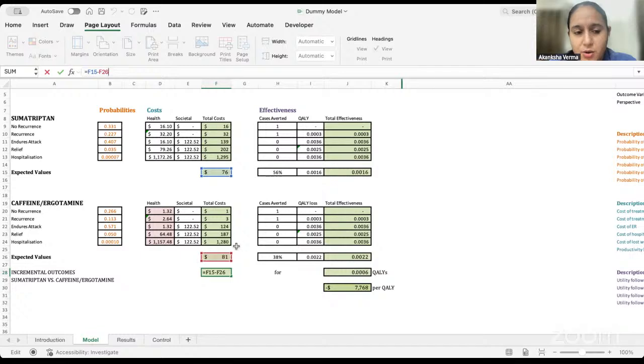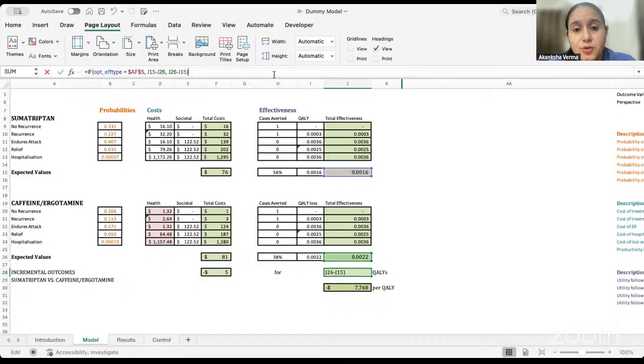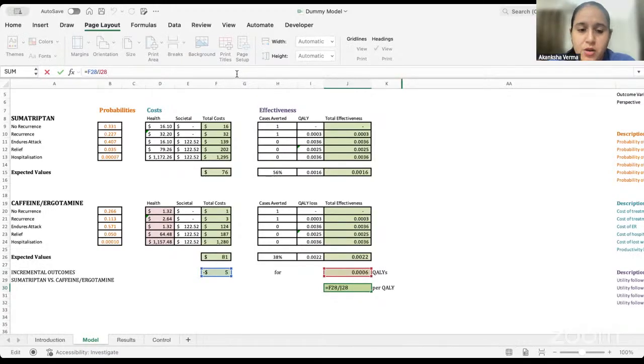This was the final cost with your comparator, and the difference would be the incremental cost, and here this would be your incremental QALY. Okay, and then this is your incremental cost-effectiveness ratio.